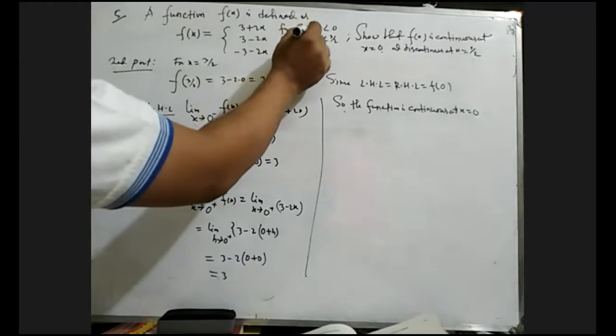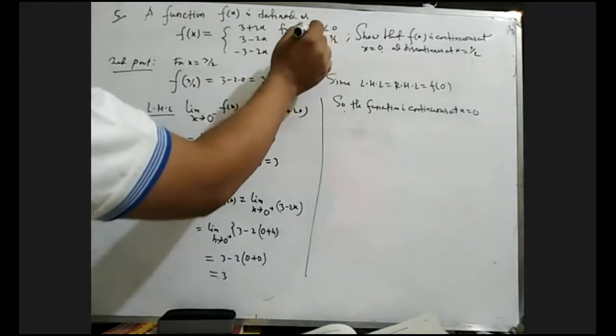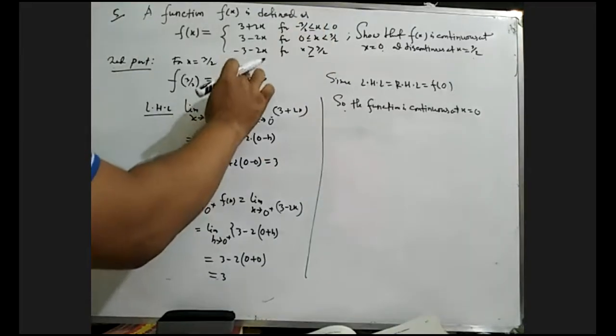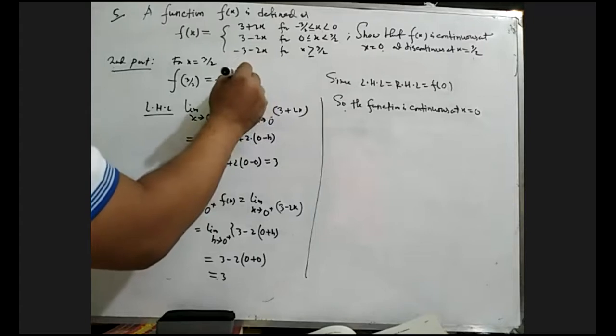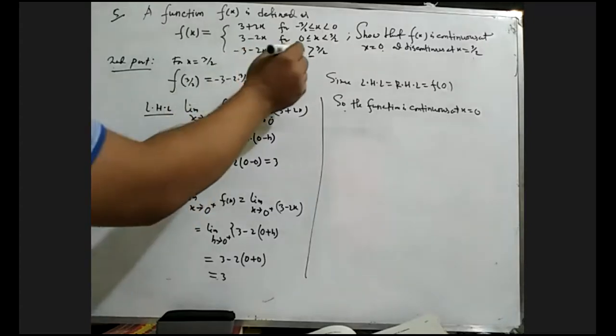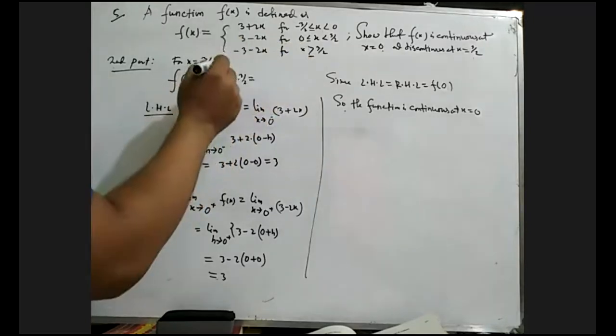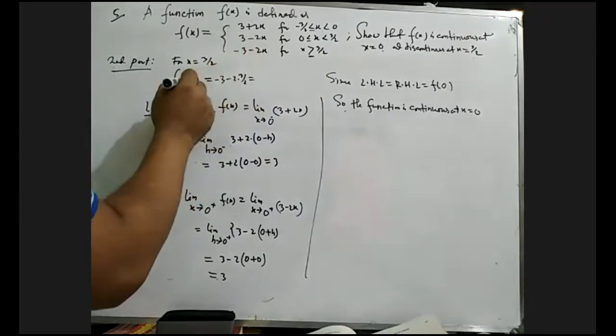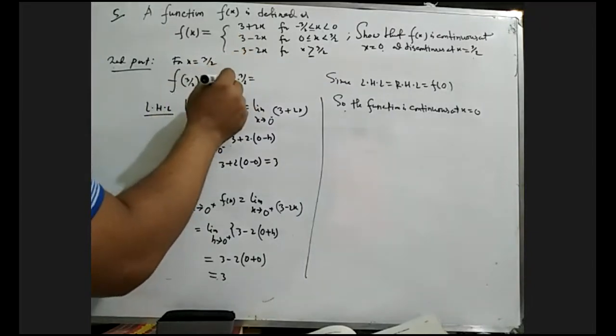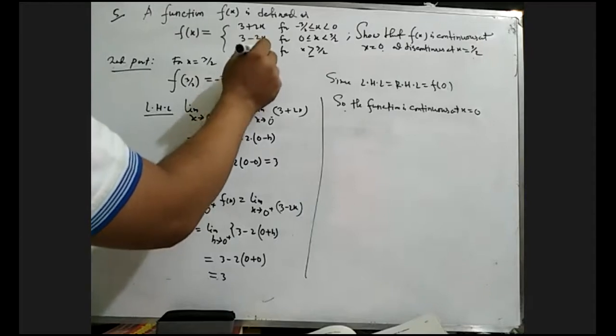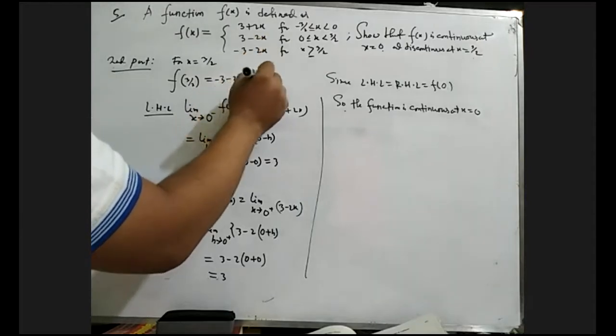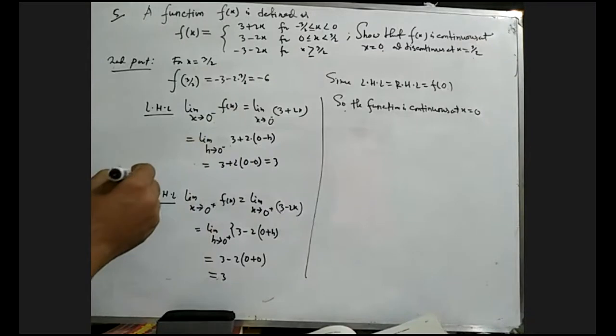Minus 3 by 2 less than or equal to... okay, third one. The third part of this function has x equals 3 by 2. So minus 3 minus 2 into 3 by 2, the 2 will be cancelled. Minus 3 minus 3, what will be? 6.